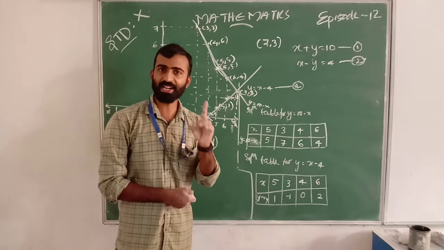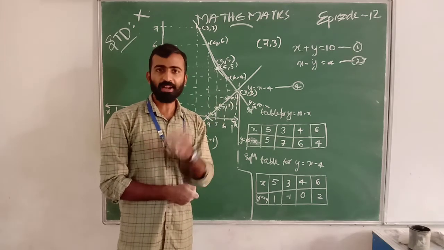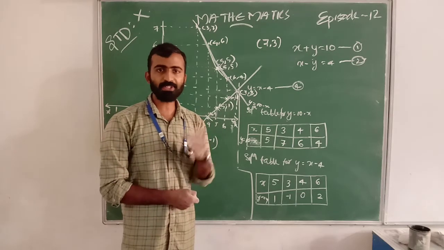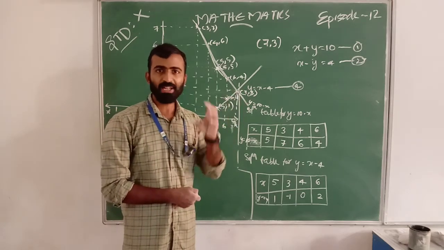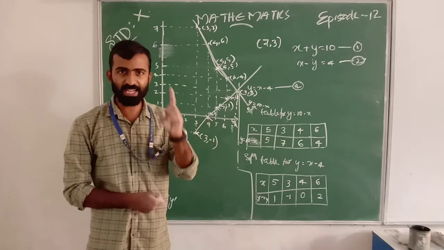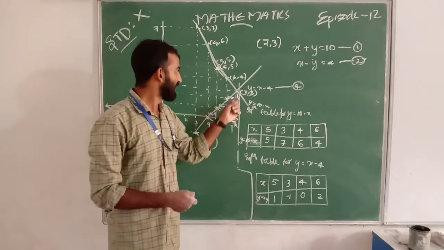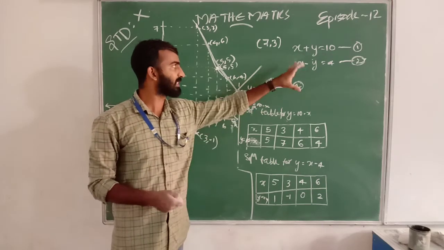We already studied this in earlier classes. In previous knowledge we know that when the graphs intersect, there must be one unique solution. That is, this is the solution for these equations.